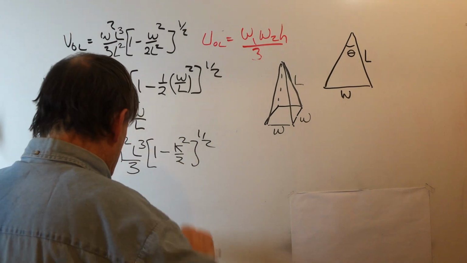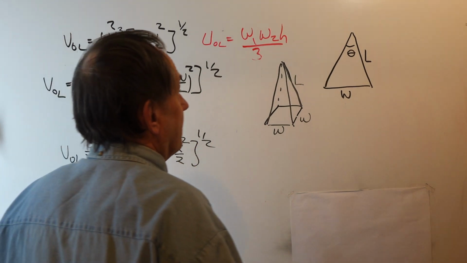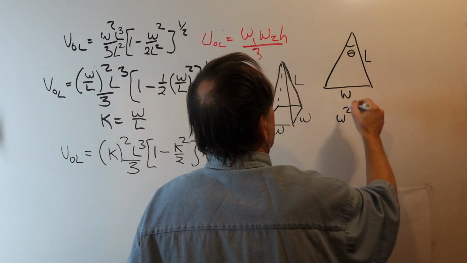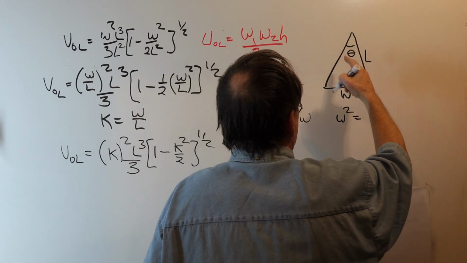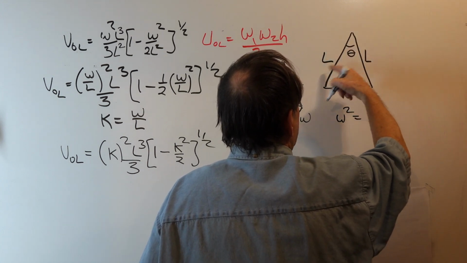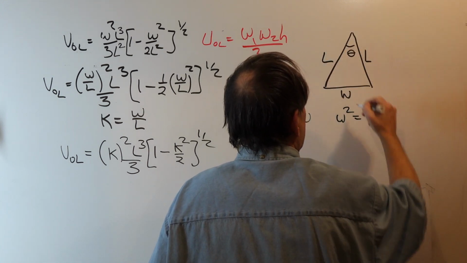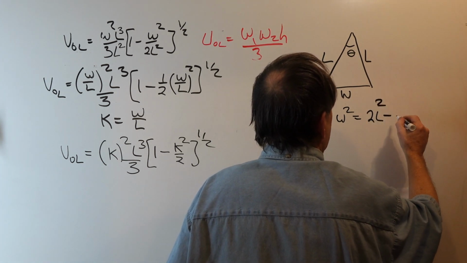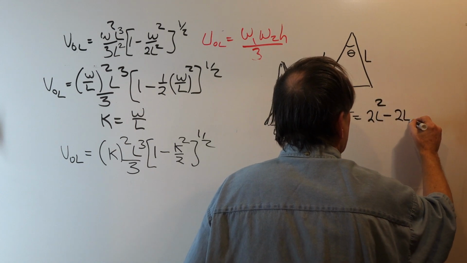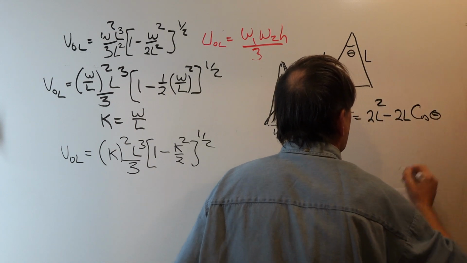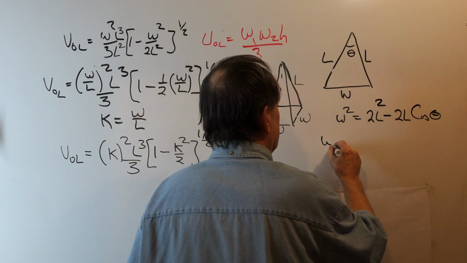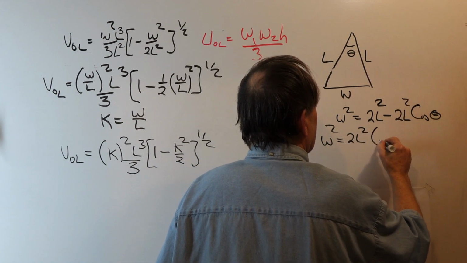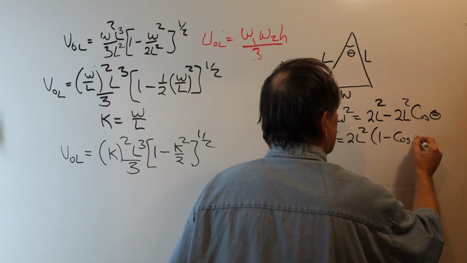Now, by using the law of cosines, we can get a relationship. That is, W squared is equal to the sum of the two side lengths squared, so we have 2L squared minus twice the product times the cosine of the angle between them. So W squared equals 2L squared times 1 minus cosine theta.